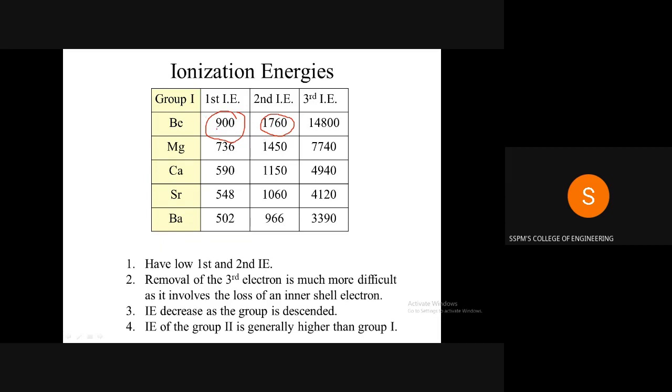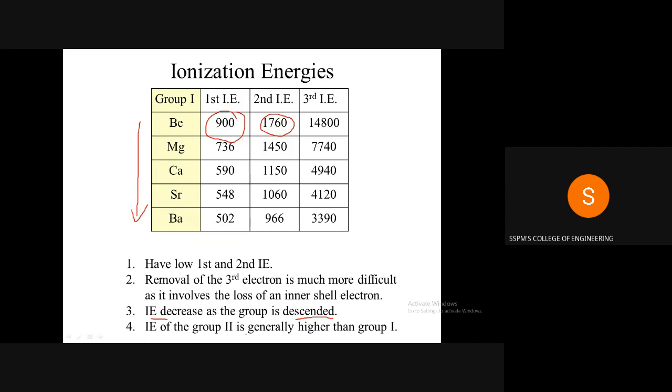When you go down group 2, from beryllium, magnesium, calcium, strontium to barium, ionization energy decreases. IE stands for ionization energy, which decreases as the group is descended.